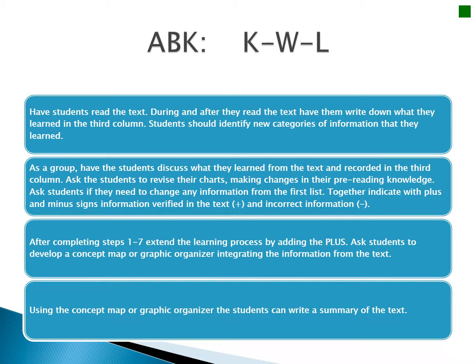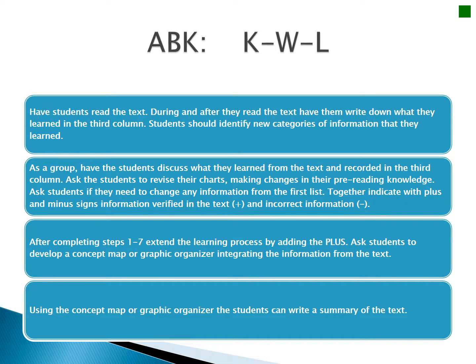Then as the students are reading the text, during and after, you're having them write down what they learned in the third column. And as a group, you can have the students discuss what they learned and record it in the third column, and revise their charts, making changes in their pre-reading knowledge. Ask them if they need to change any information from the first list.